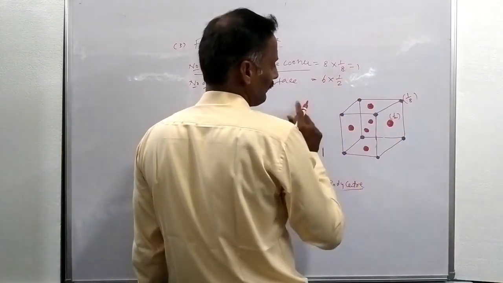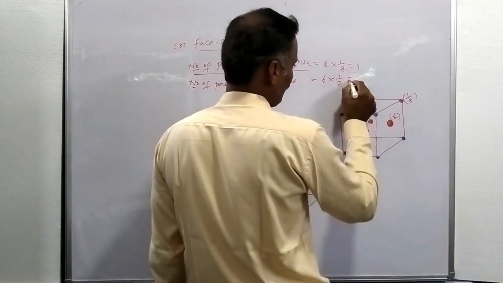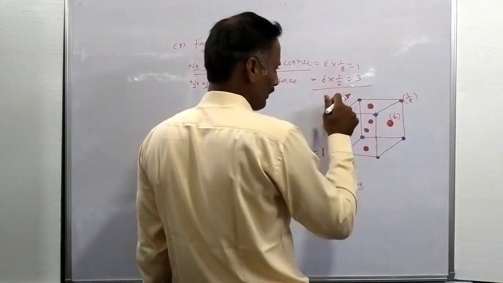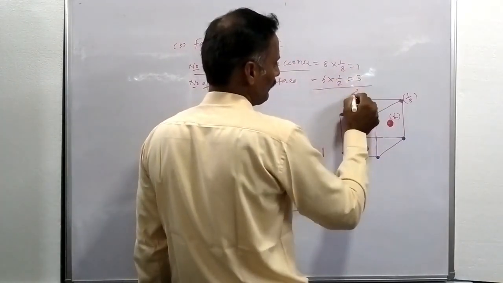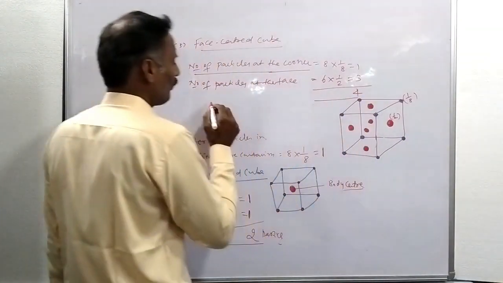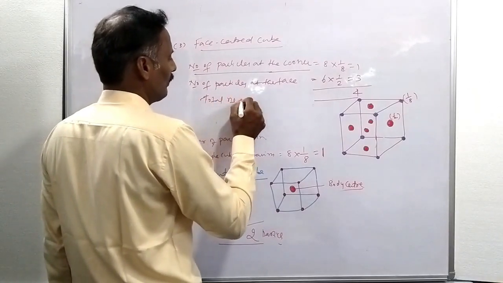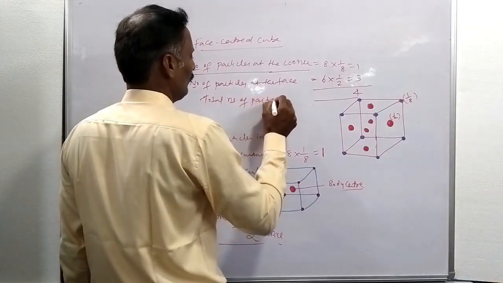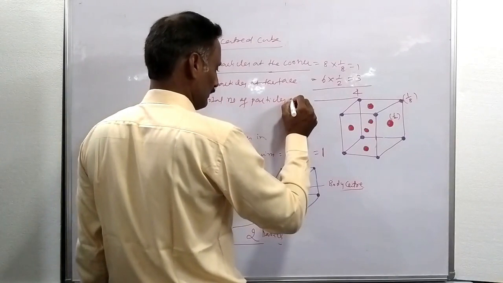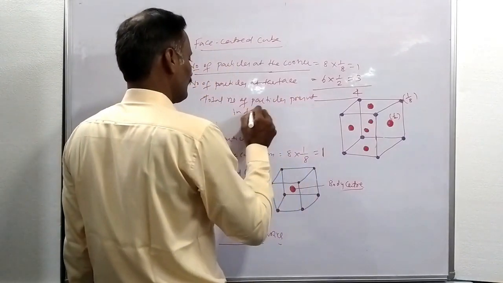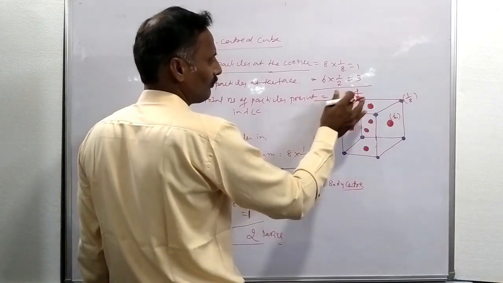Half of the particle, that equals 6 into half equals 3 particles. Then total number of particles: 3 plus 1 equals 4 particles. Total number of particles present in FCC is equal to 4 particles.